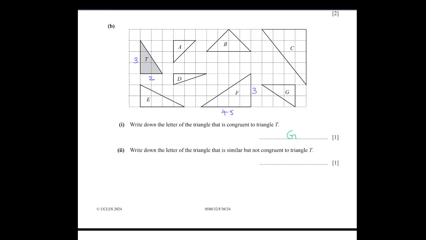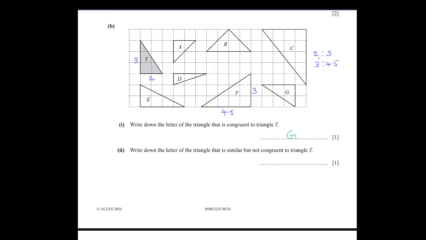Okay, so now if I take 2 by 3, the corresponding sides as a ratio, this is corresponding to 3, so 2 is to 3 should be equal to 3 is to 4.5.